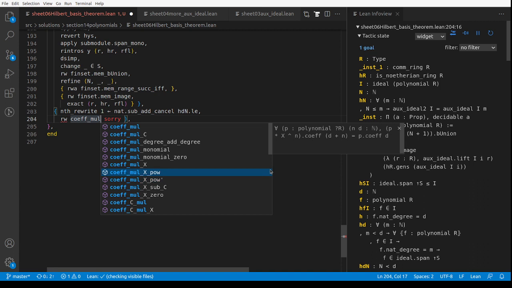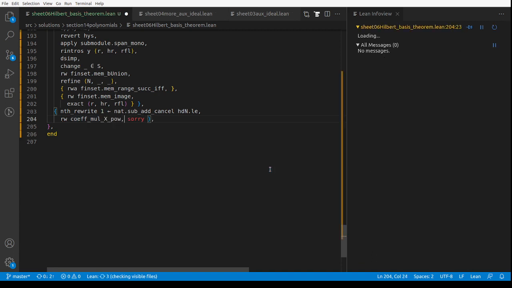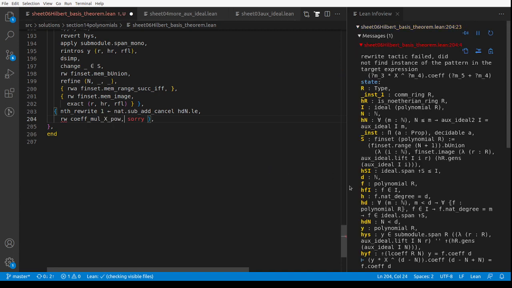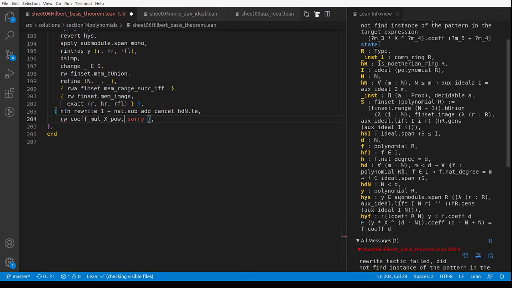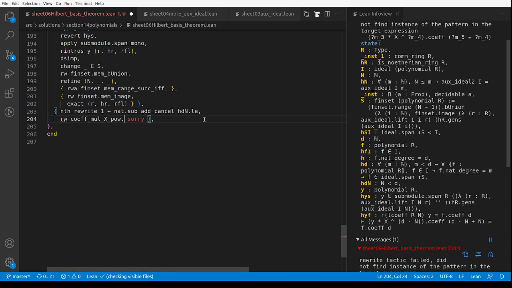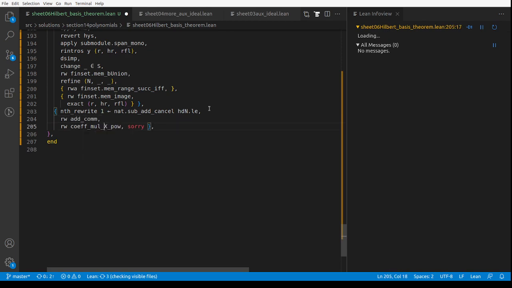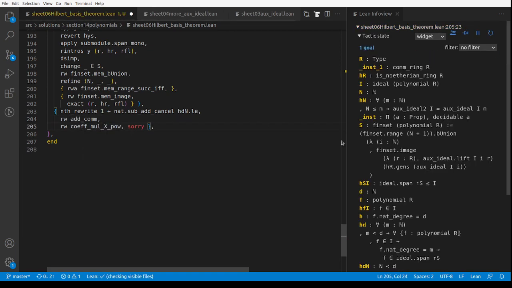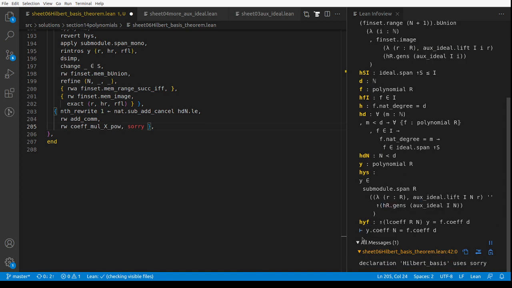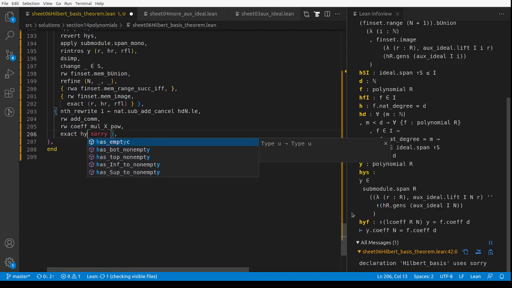So let's rewrite that. Does it work, or do I need minor tinkering? I need minor tinkering. I need to rewrite add com by the looks of things. And now how does this work? This does work, and I've got to prove this, and that's exact HYF.